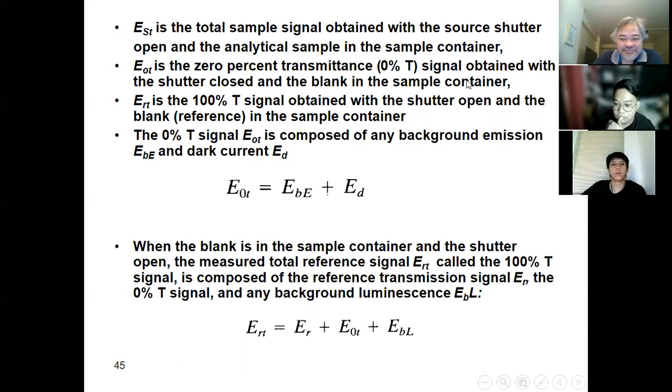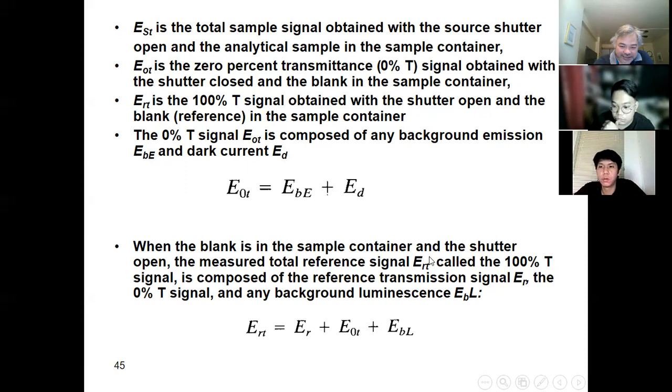Hitachi is the company. Okay. And then if you have E0 signals, that refers to E0T. It's composed of any background emission and dark current. So E0T equals E minus the blank, plus the dark signal that you have.